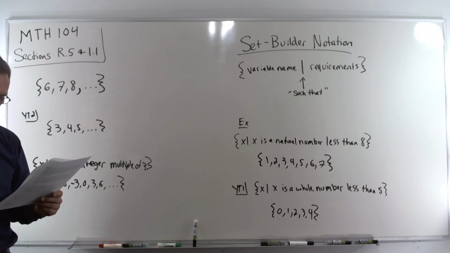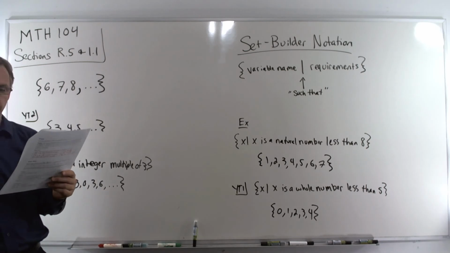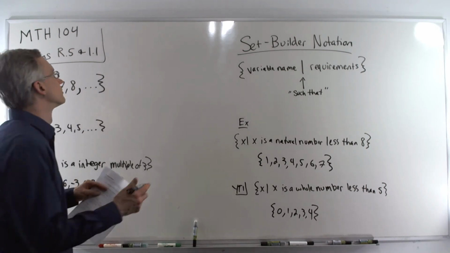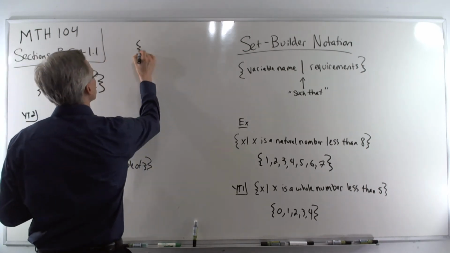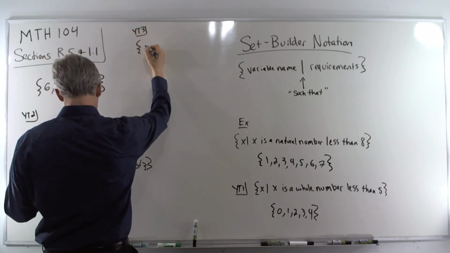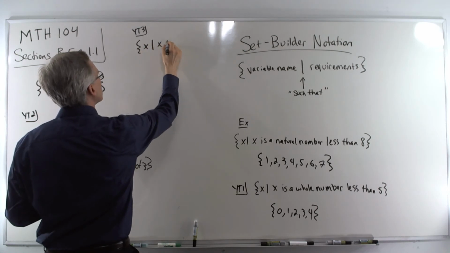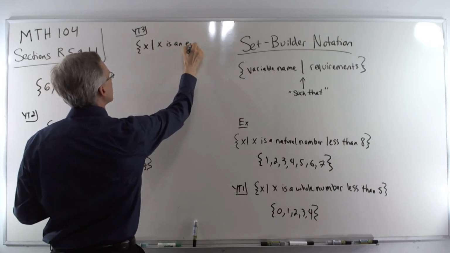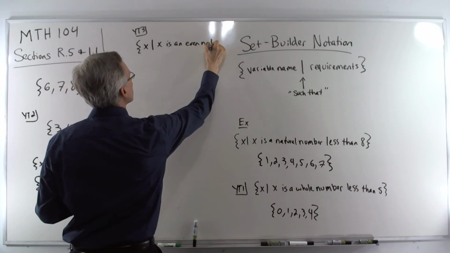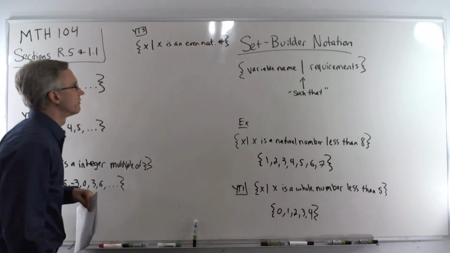Your turn, number 3. List the elements in the set x such that x is an even natural number. All right, even natural numbers.